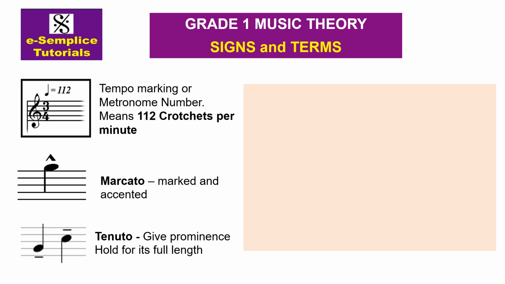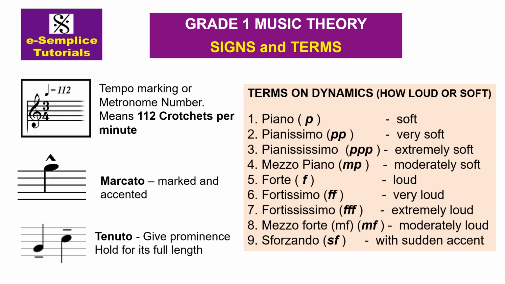What that means is hold the note for its full length. We now move to terms on dynamics. That is, dynamics mean how loud or soft. It has to do with volume. Dynamics is simply about volume, how loud or soft.